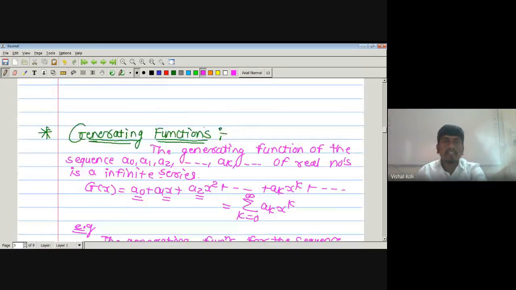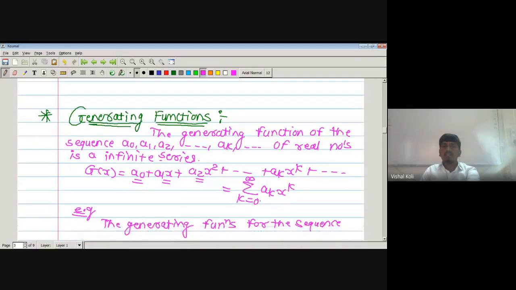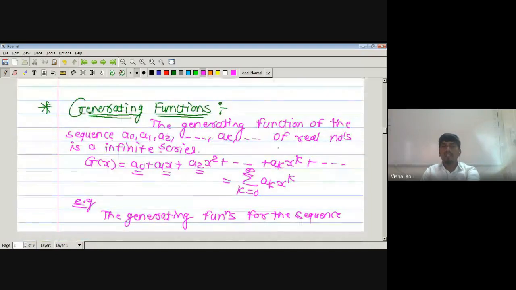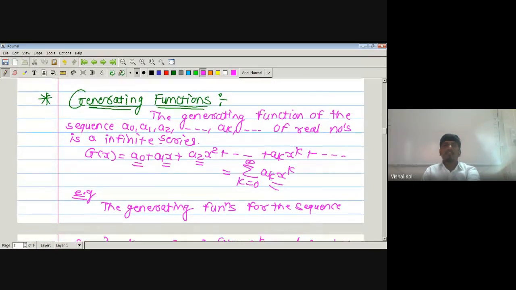For any sequence a naught, a1, a2 up to so on ak, the corresponding generating function is nothing but summation k running from 0 to infinity ak x raised to k. As here it is given that ak equal to 2, we just have to put ak equal to 2 in that generating function.